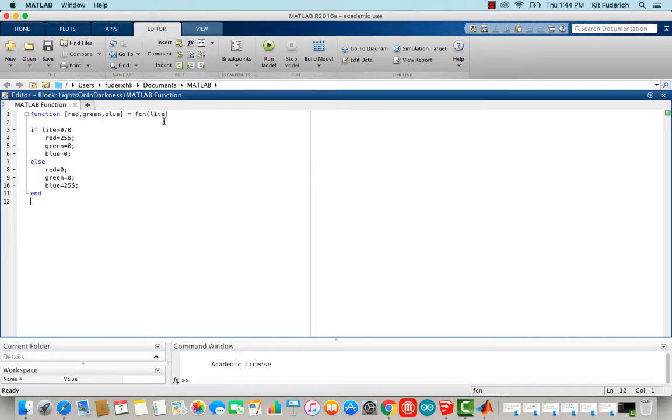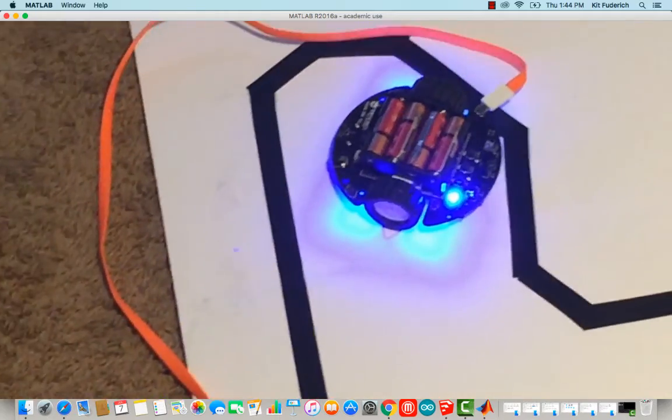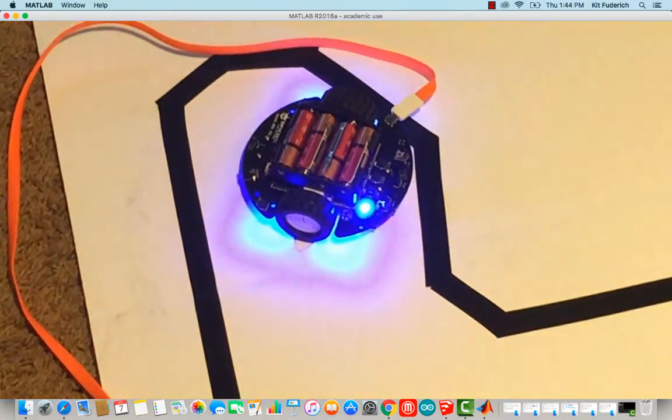Lit is our input, and in our function we've created it so that there are three outputs, red, green, and blue. Perfect for our RGB LED, which needs that many inputs to work. We have our control structure. If lit is bigger than 970, then red is going to output a high value of 255, while green and blue output 0.